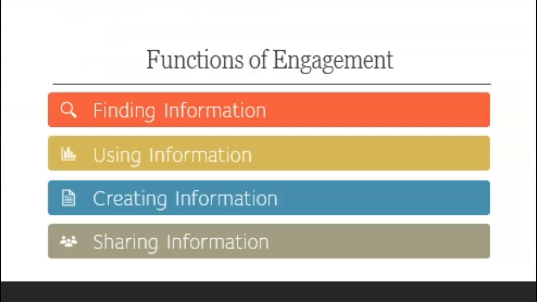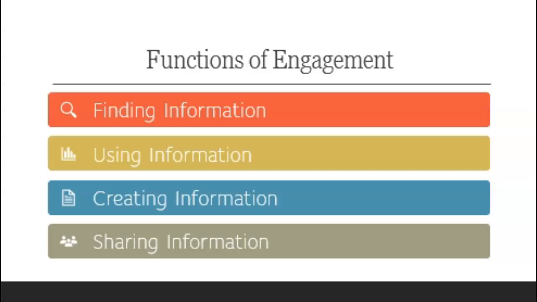4 different tools, each of which provides a different function of engagement. So we want to be able to help our students find information. And then they need to be able to evaluate whether that information is useful, credible, accurate. We want them to be able to use the information that they find accurately and ethically.